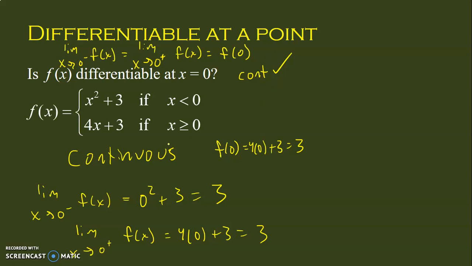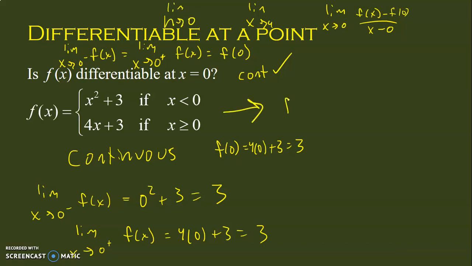Now, at this point in the unit, we had not learned the shortcut rules yet, so you would have used the definition of the derivative to find the slope, or you could have done the limit as x approaches 0 of f of x minus f of 0 over x minus 0. So you could use the limit as x approaches a formula, or you could do the limit as h approaches 0. Since this is just a review and we already know the shortcuts, I'm going to use the shortcuts.